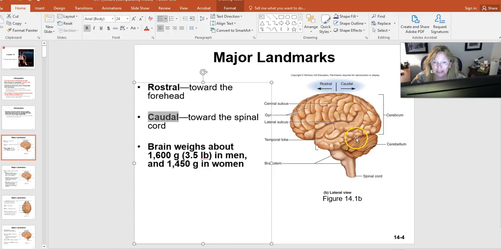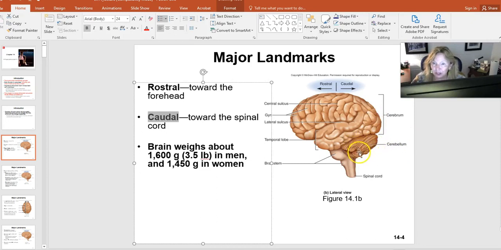When we look at this, we see that most of the brain is made up of these lobes, all of the lobes are part of the cerebrum. Inferior on the caudal side or posterior side, inferior to the cerebrum, there is a part of the brain called the cerebellum.